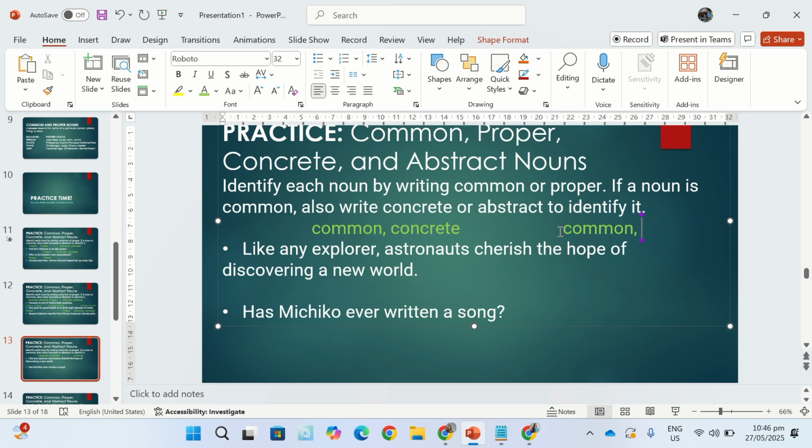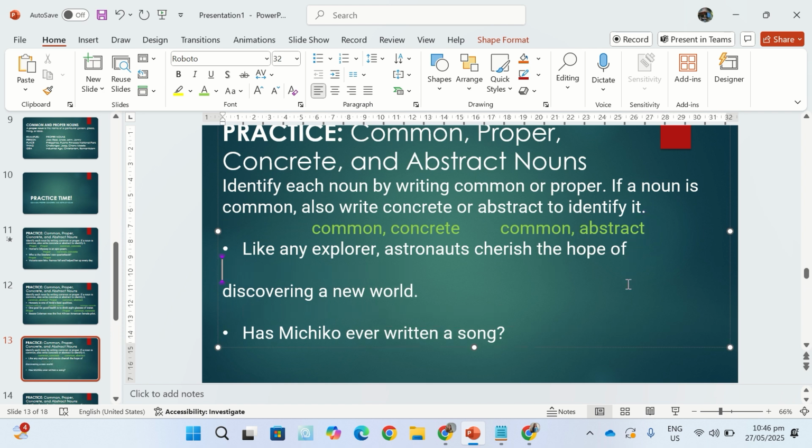Common, and it's something that is a quality or characteristic. Hoping, I'm hoping. It's an abstract. And the world, of course, is a common and concrete one because, as you know, we can see it.